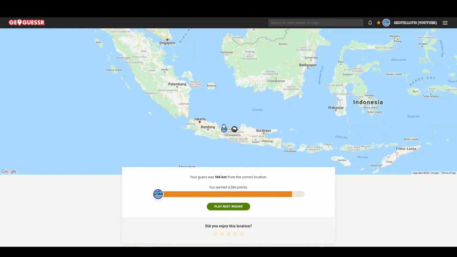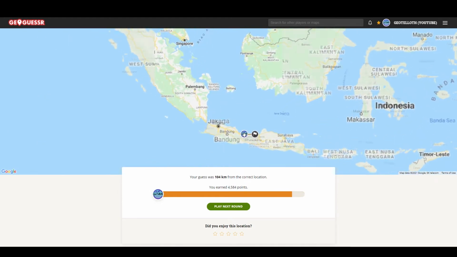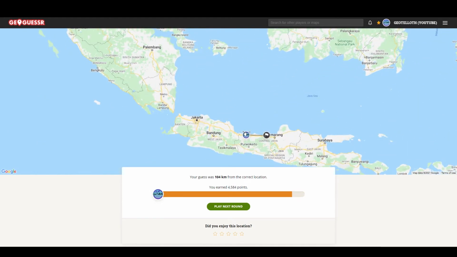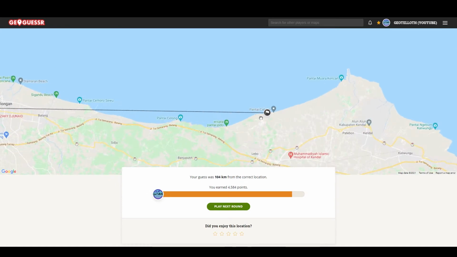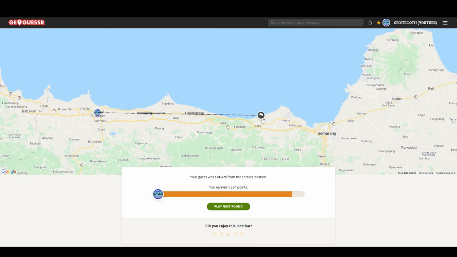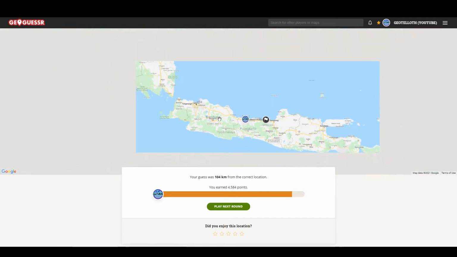It's pretty good. One thing about Indonesia, I should have talked about the differences. Obviously, driving on the left, you'll see quite a lot of motorbikes and scooters, or mopeds, tuk-tuks as well. You will see tropical landscapes.